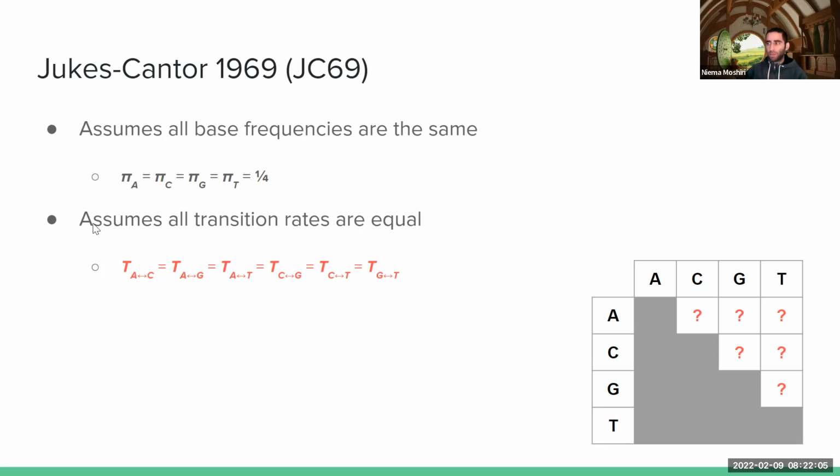And it assumes that the transition rates are all equal. So it assumes that an A mutating into a C versus a C mutating into an A versus an A mutating into a G, G to A, A to T, C to G, right? It assumes all of these possible mutations are completely equally likely.